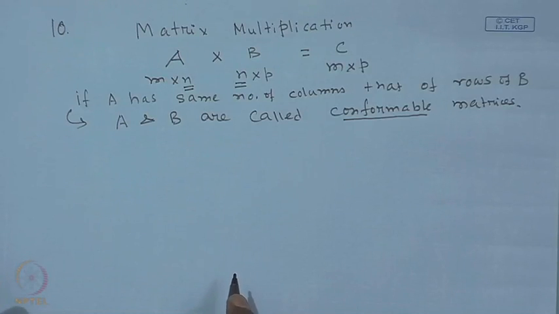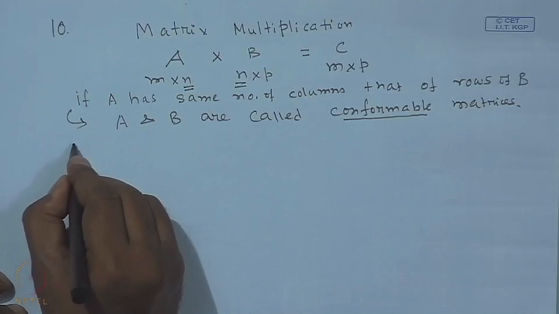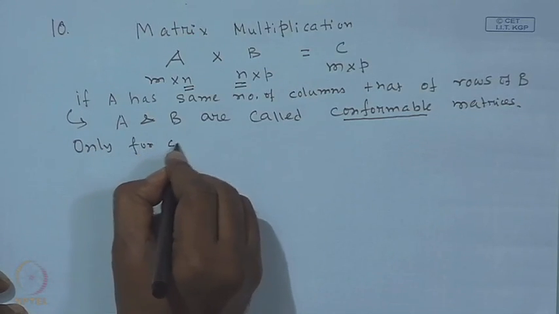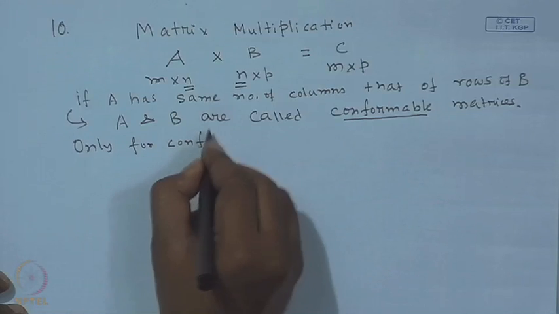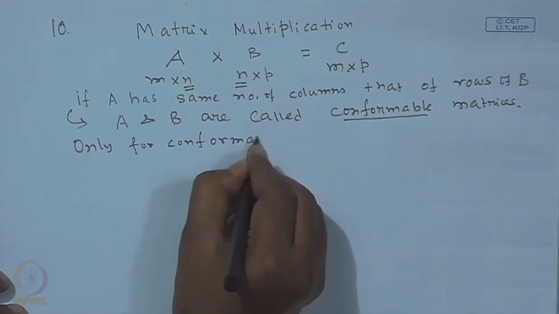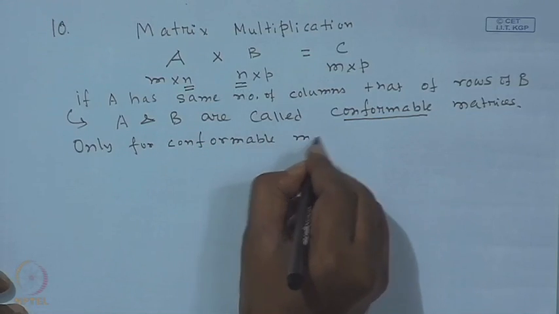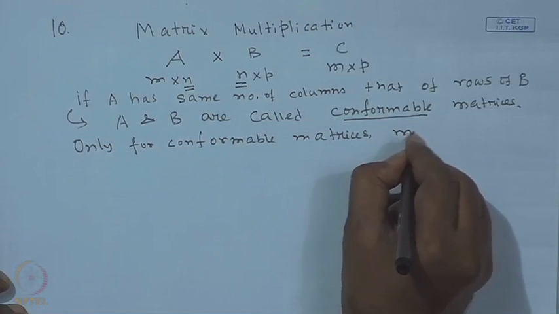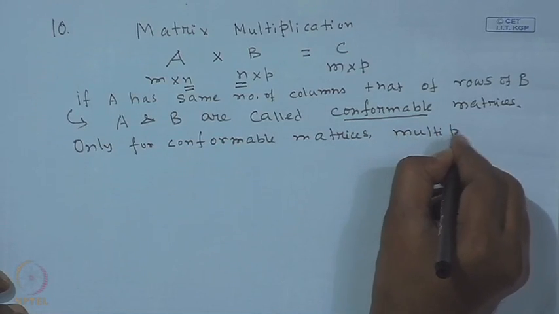If two matrices are conformable, then their multiplication is allowed. Only for conformable matrices multiplication is allowed, otherwise not.